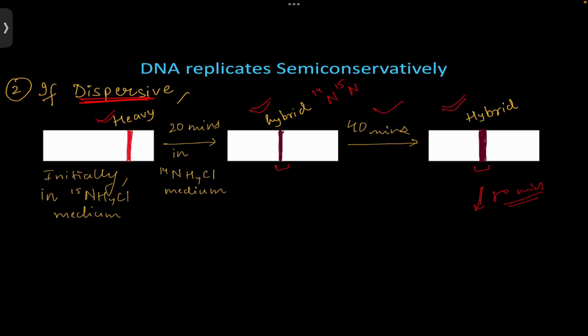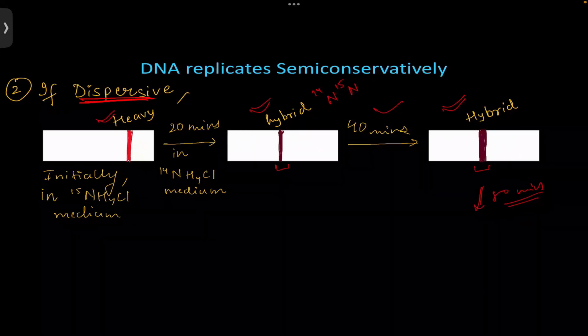Meaning in dispersive, the original DNA molecule is lost, and we don't see a band for only the newly synthesized DNA molecule, meaning we don't see a green color band. We only see in subsequent generations bands for the hybrid DNA molecule.